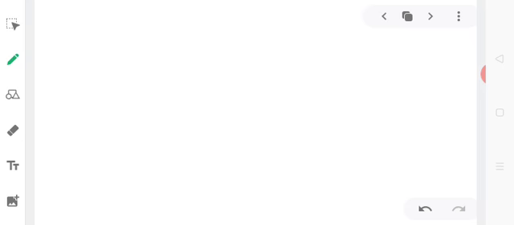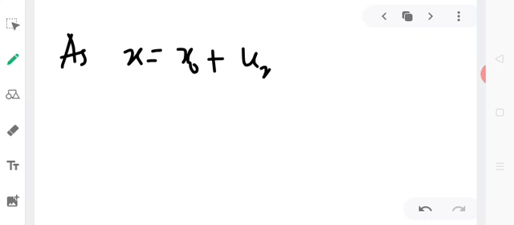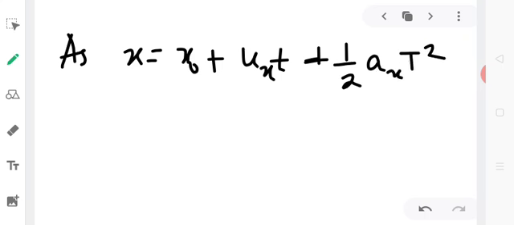So writing down the equation as x is equal to x0 plus ux t plus half ax t square.